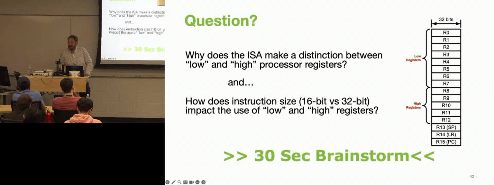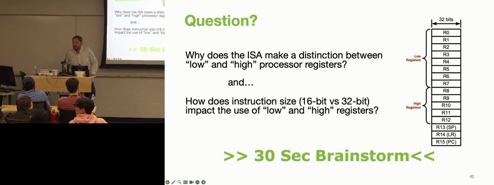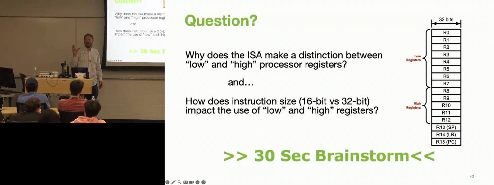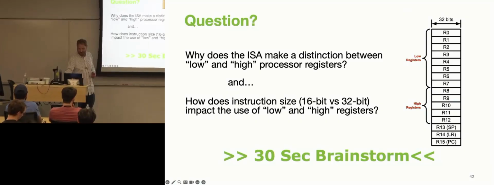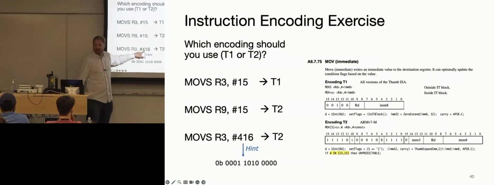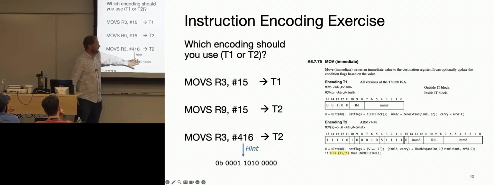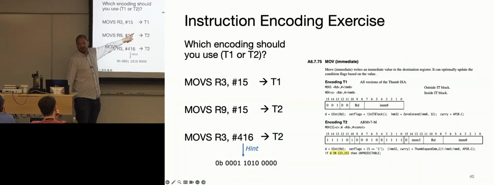Yeah. So if the immediate is larger than 8 bits, say 11, would it mean that the microprocessor will prioritize a higher register? It would be 32 bits in that case. So I think what you said is if you need to make a large enough immediate, it wouldn't fit in a T1 instruction.